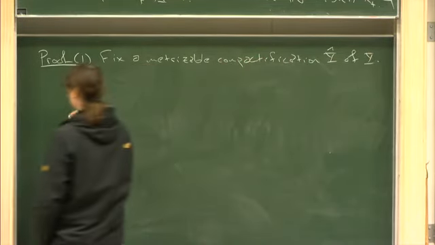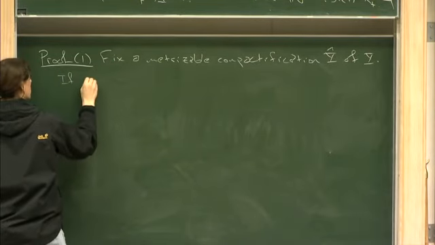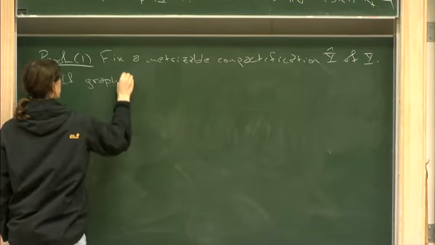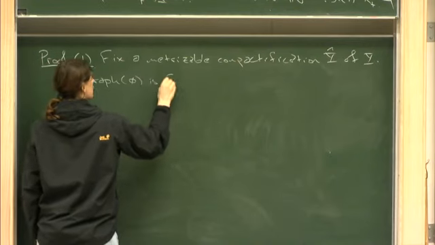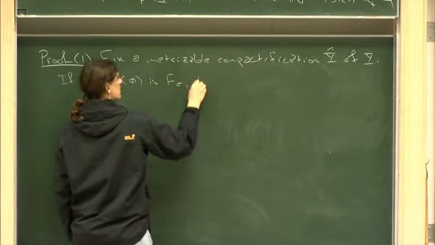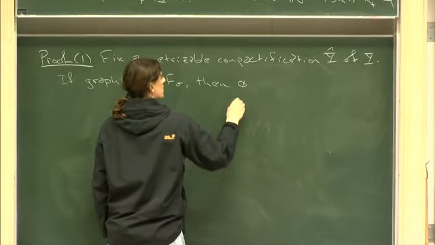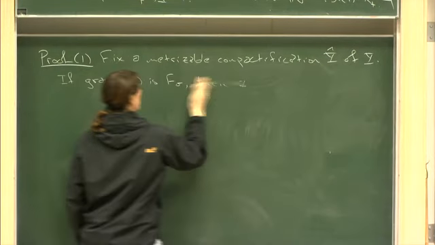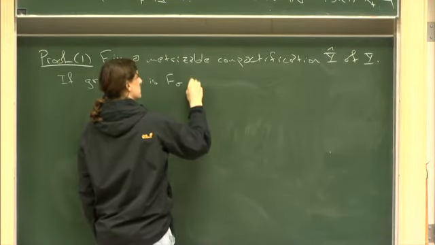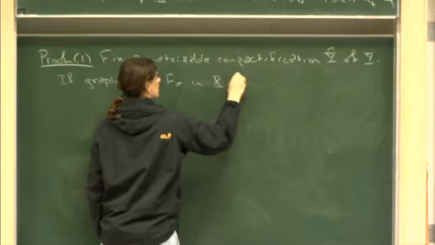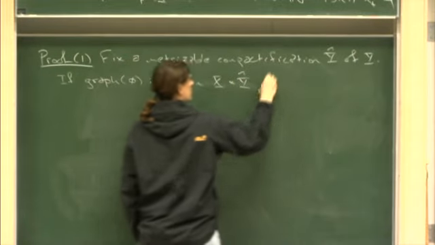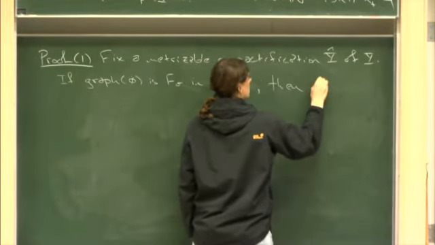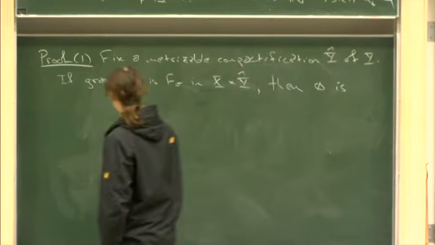And now it's easy to check that if the graph of phi is F sigma in x cross y hat, then phi is sigma continuous with closed witnesses.